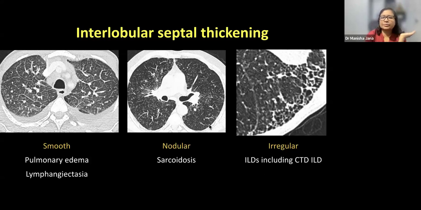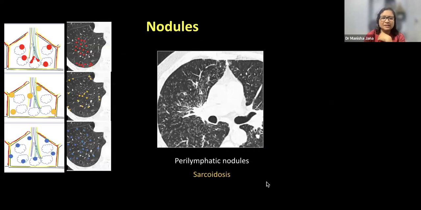In adults, this kind of appearance is seen in lymphangitis carcinomatosa, which we are not talking about in kids. If the septal thickening is there, but it is very haphazard, zigzag, irregular, it can be seen in cases of fibrotic ILDs.